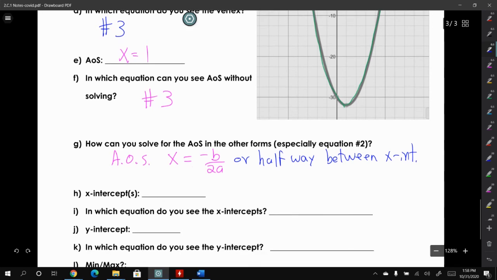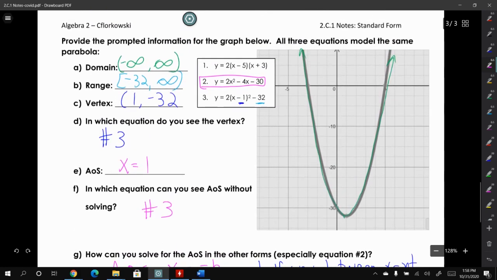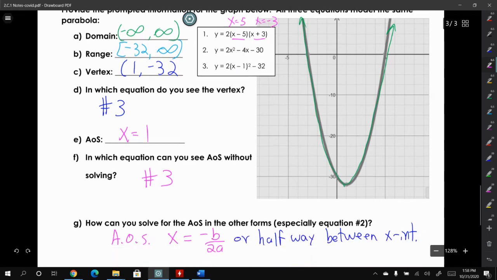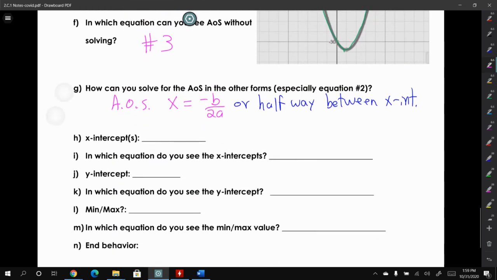Our x-intercepts, according to equation number 1, we look and see which makes both of these 0. So in the first one, it'd be x equals 5, and the second would be x equals -3. So those are the 2 x-intercepts. We will have (-3, 0) and (5, 0).